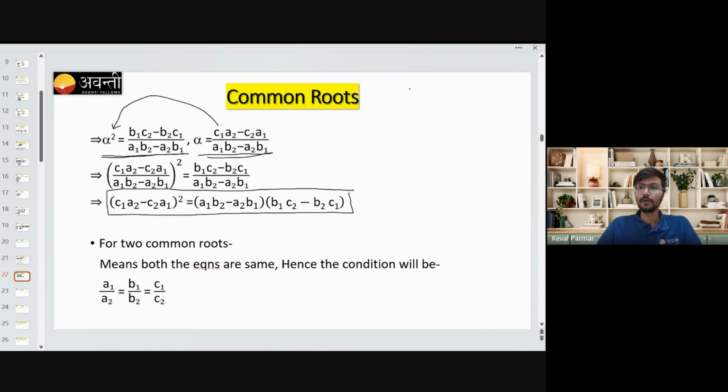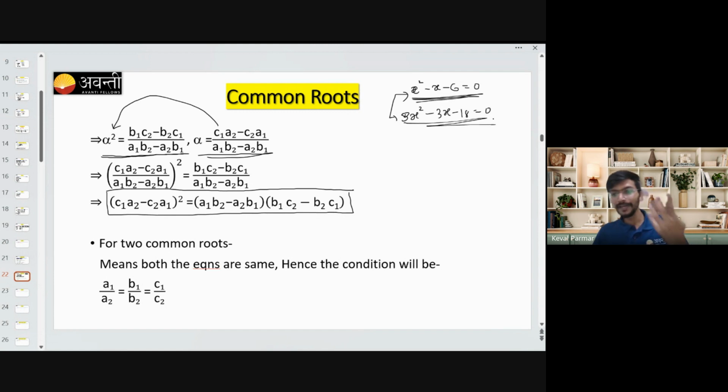Let's say I have a quadratic equation x square minus x minus 6 equals 0, and the other one is 3x square minus 3x minus 18 equals 0. Both of them will have the same roots. Why? Because both of the equations are the same. So if both equations are the same, then both roots will be common.